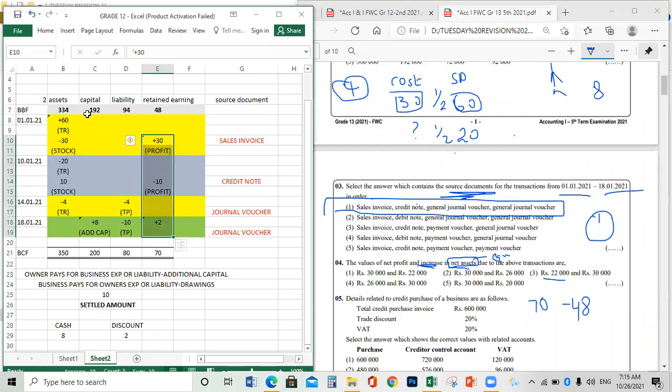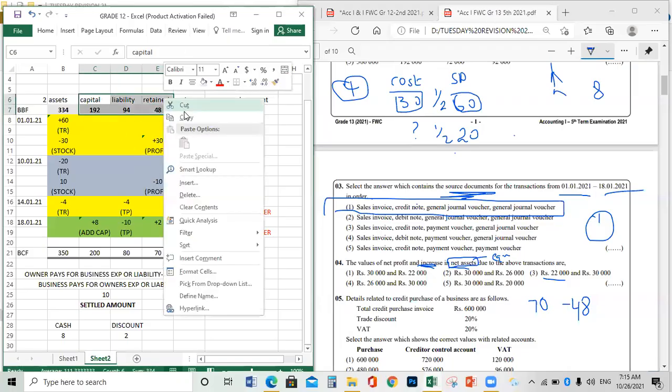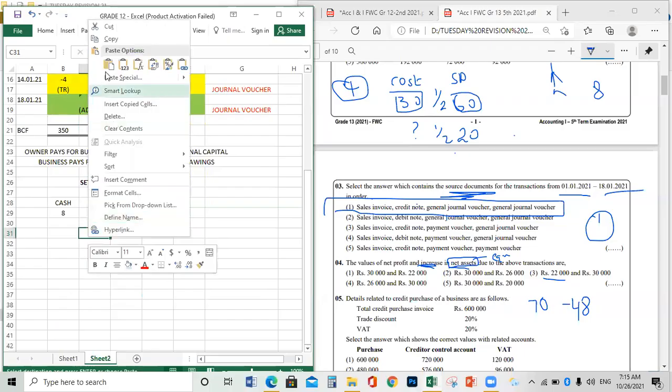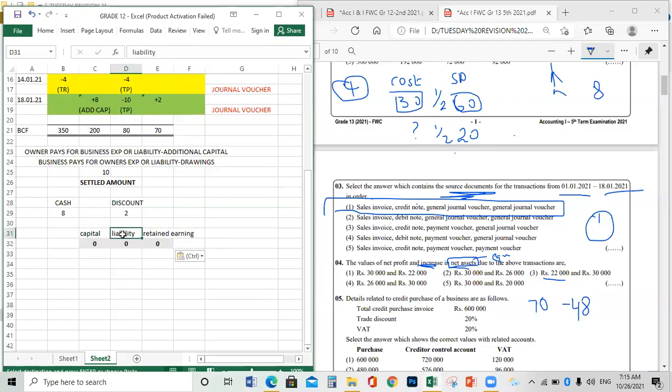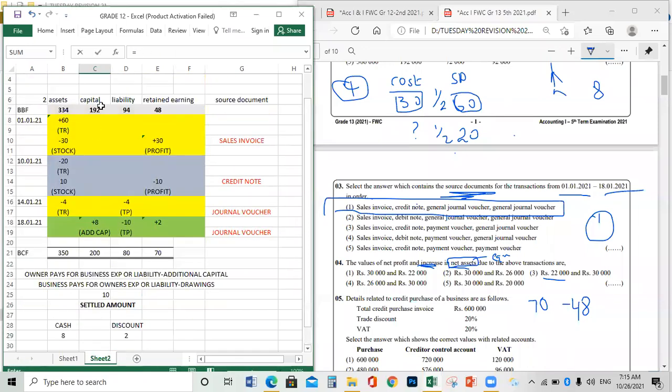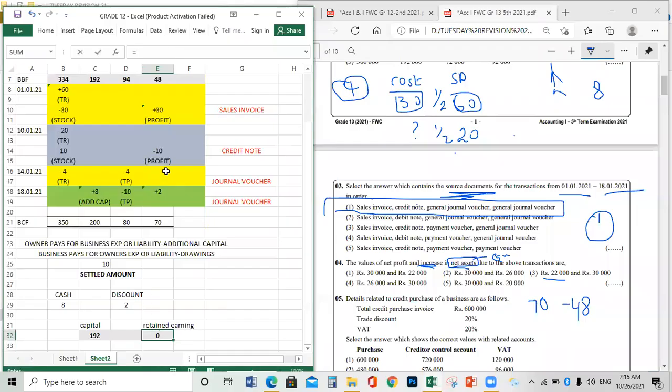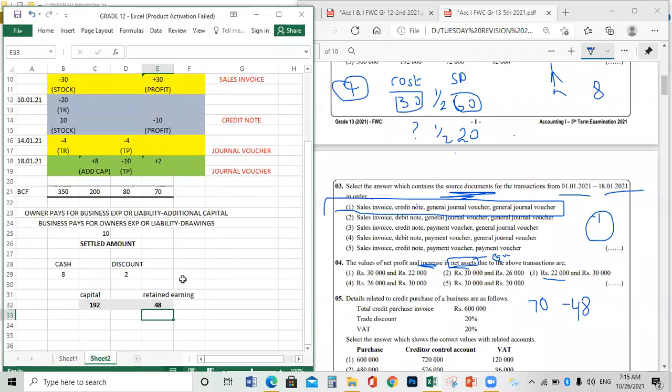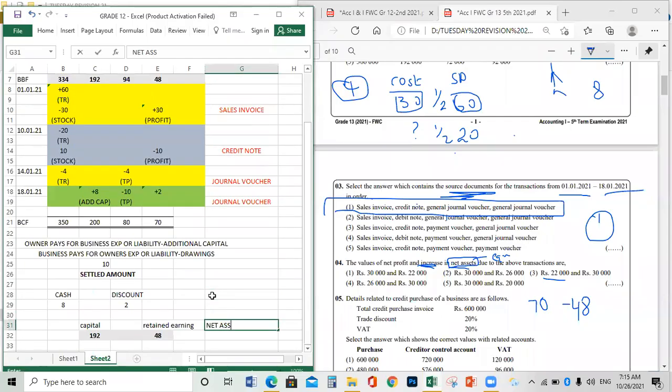Net asset is the addition of capital and retained earnings. Net asset means, guys, equity. So the addition of capital and retained earnings is what you call the net asset. So what's the total of net asset?